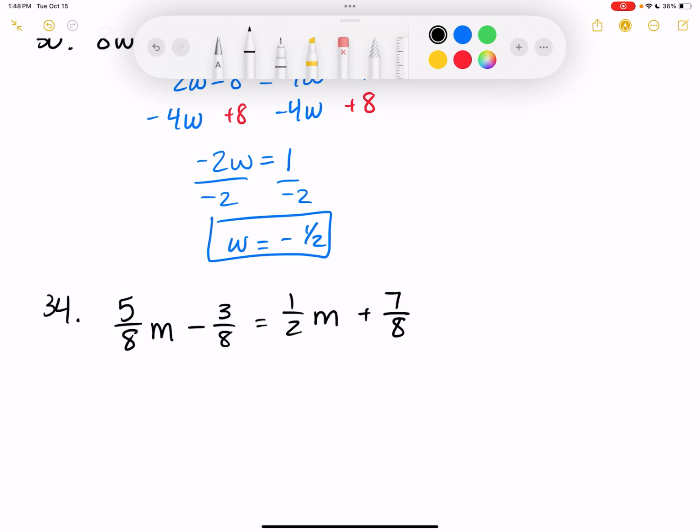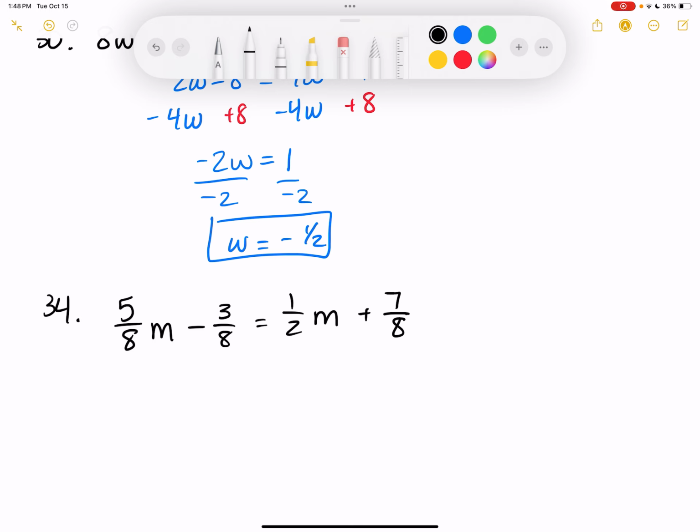So this one obviously has our favorite thing in the whole world, fractions. Okay. Decimals are better. So, fortunately, almost all of these things have what? Like terms, 8, so a common denominator.